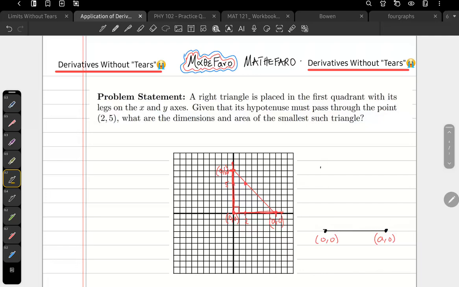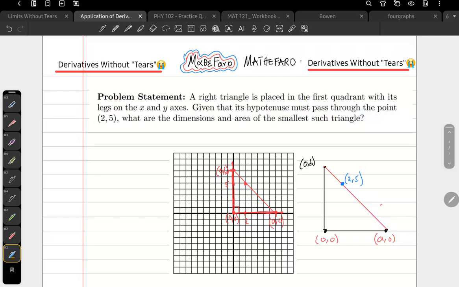And we have another point here, the 0, b, which we join by the second leg of the triangle. And finally, the hypotenuse, which has a constraint that it has to pass through the point 2, 5. So there is going to be a point on here which is 2, 5.